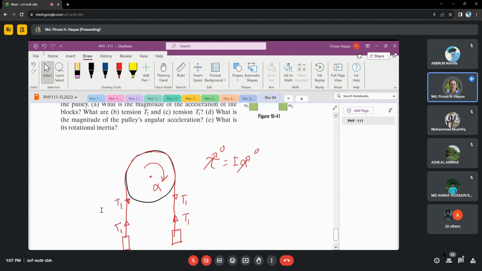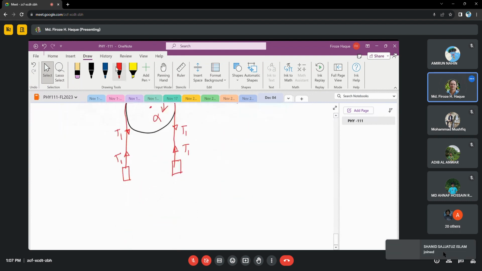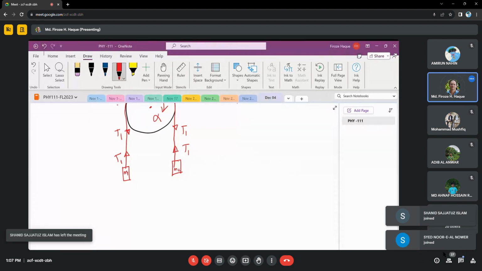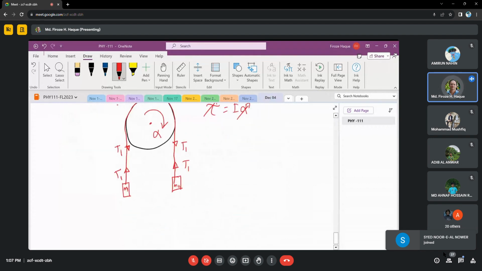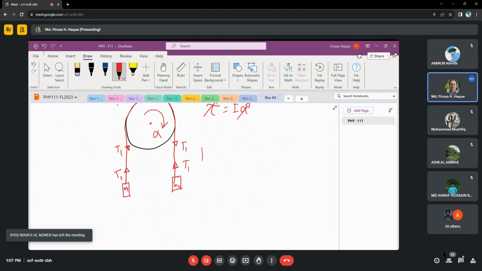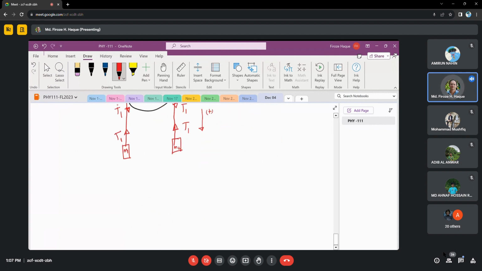So this M1 is rising and this is M2, so M2 is falling. We can say that this is my y-axis, and let's take this as plus because it's falling. Otherwise, we'll have a little bit of an issue there, right? So if that's true, then what we can do is, of course, y minus y naught.